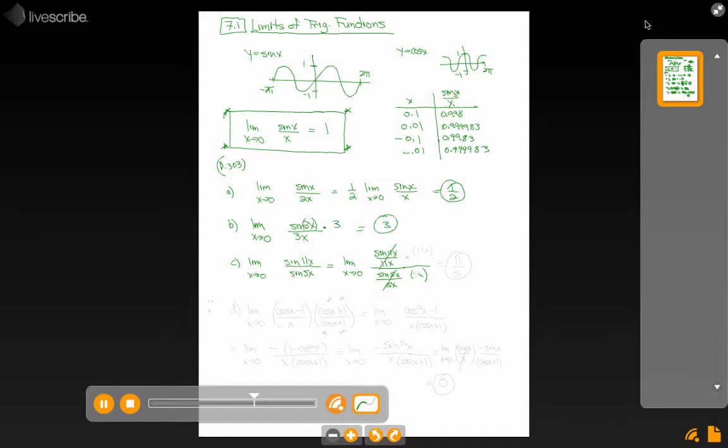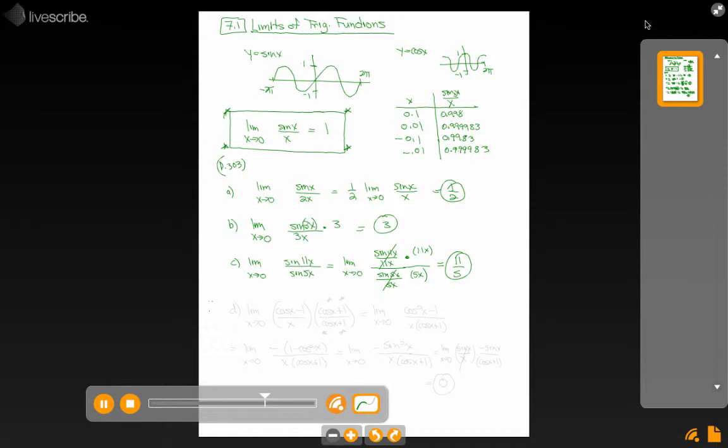I know that would give me 1. But on the top, I had to multiply by 11x on the top and the bottom. So in here, I had to multiply by 5x top and bottom. So in the end, what happens? This becomes 1, this becomes 1, x over x becomes 1, and what I'm left with is a limit that approaches 11 over 5. So that's a tricky way of manipulating that one.